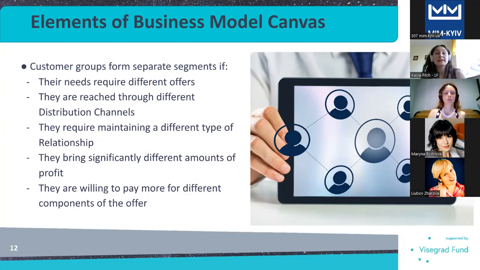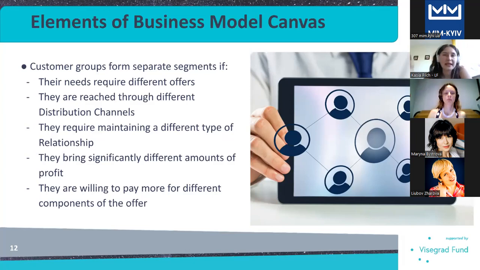That's probably a different group from people who focus more on price. Another way to distinguish between the groups is if they're willing to pay more for different components of the offer.